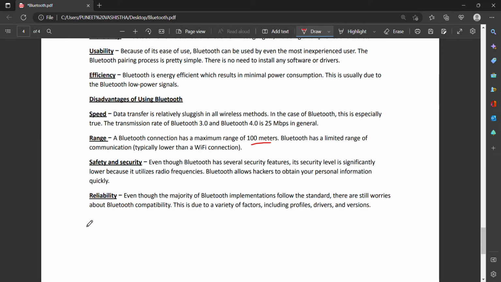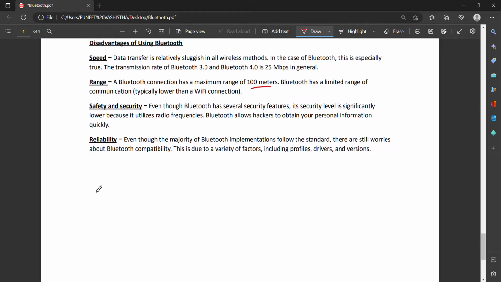Reliability is like this: even though the majority of Bluetooth implementations follow the standard, there are still worries about Bluetooth compatibility, due to a variety of factors including profiles, drivers and versions. Basically, now we are upgrading our Bluetooth technology, so maybe in future these disadvantages will be solved. So this is all about Bluetooth technology.